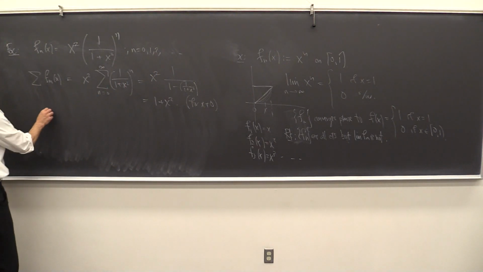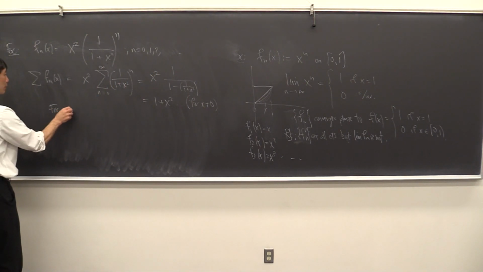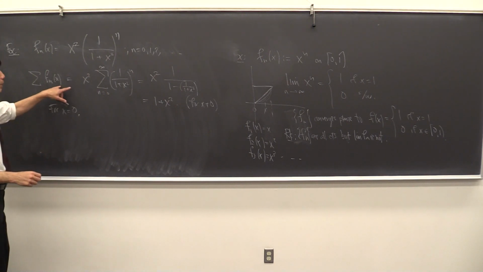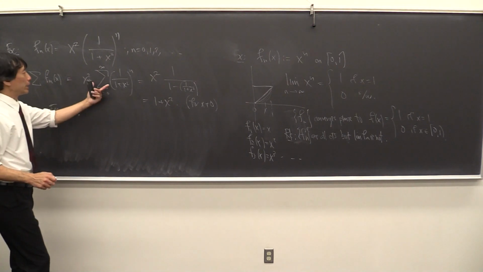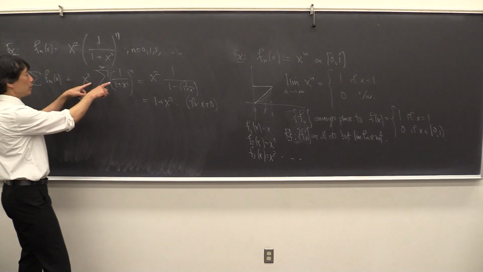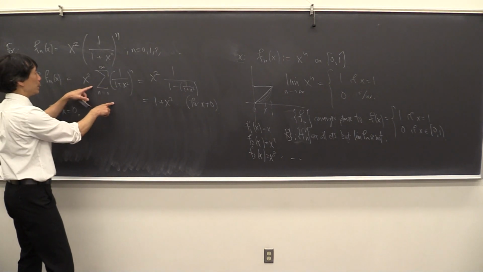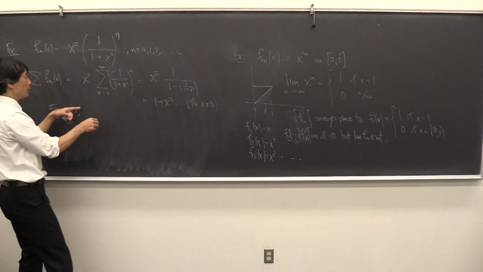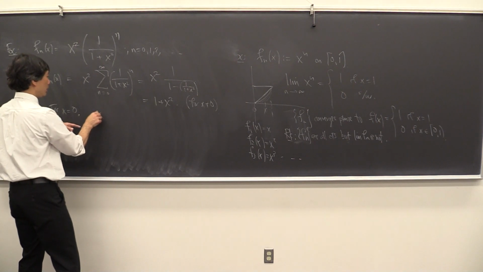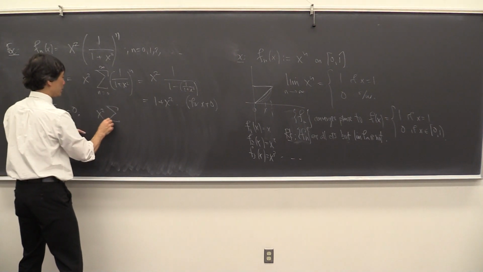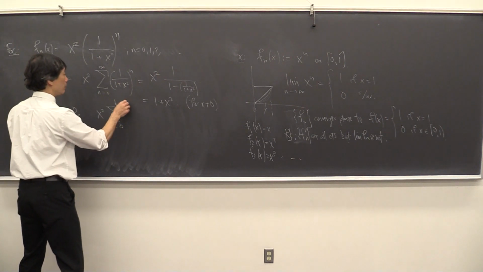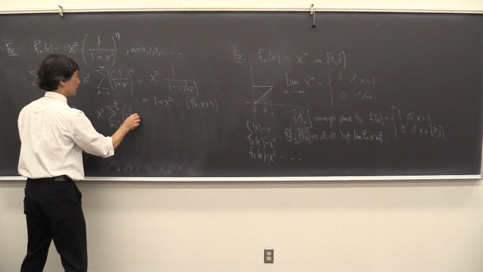Okay, and then for x equals 0, what do you get? Well, look at what the partial sum series is going to be. It's going to be x squared times this thing, times the partial sum.